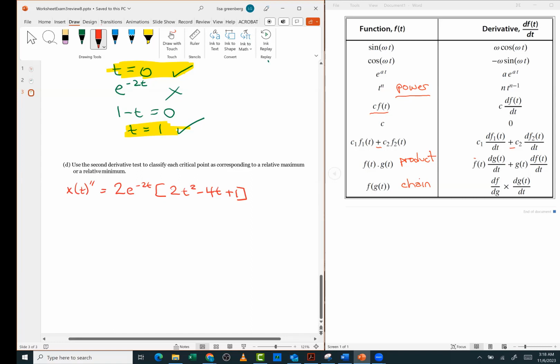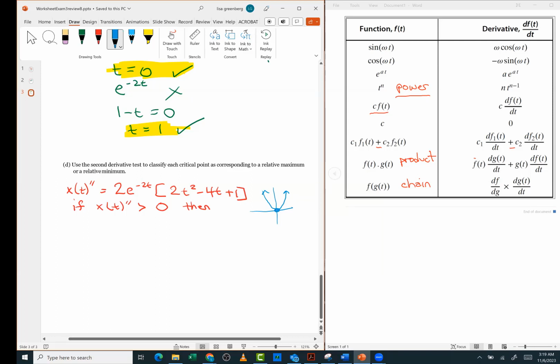If x of t double prime, the second derivative, is greater than 0, then think of it like this. If you have a parabola that has a positive coefficient, it's opening up and we have a minimum value.